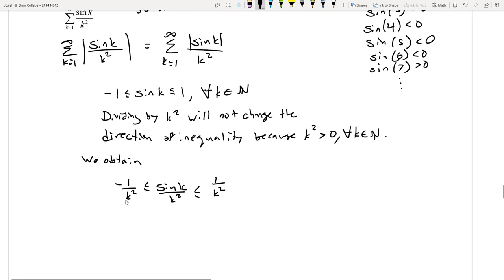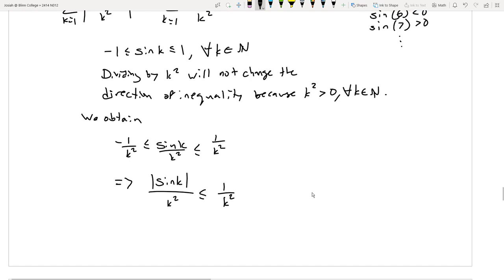When we do that, we get the absolute value of the sine of k over k squared is less than or equal to 1 over k squared. Absolute values aren't going to matter here. Right? And 1 over k squared is a convergent p-series with p equal to 2.